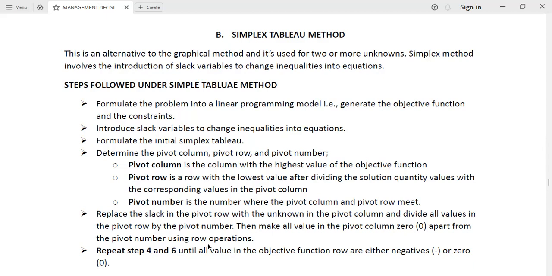Because the pivot column is moving vertically, the pivot row is moving horizontally. At some point they are going to meet, and the number at that point where they have met is what we call the pivot number.